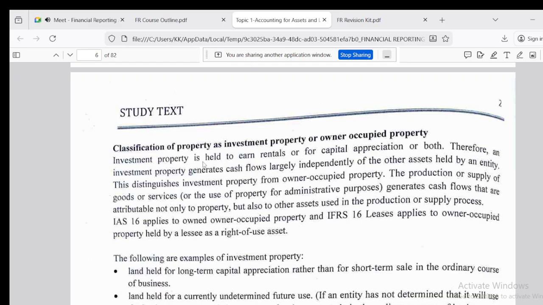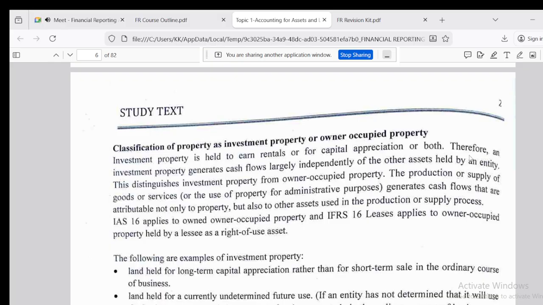So you realize that investment property, which is like example of investment property in land and what? And building. And building, yes. Or part of a building, right? Or both. Yes. So, like they earn income without even being combined with anything.